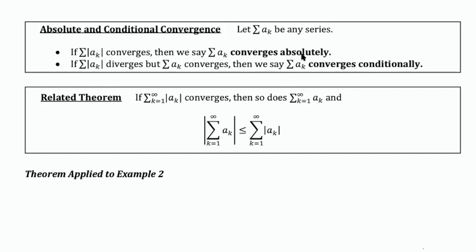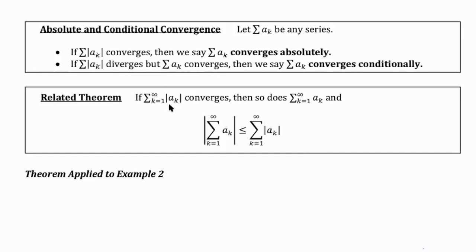So absolute convergence is a stronger form of convergence because not only does the original series converge, but so does its absolute value. Whereas in conditional convergence, the absolute value diverges, but the original series converges.